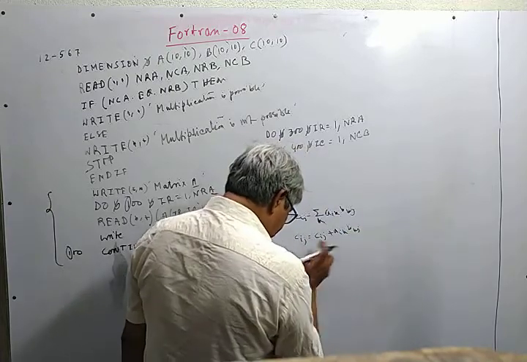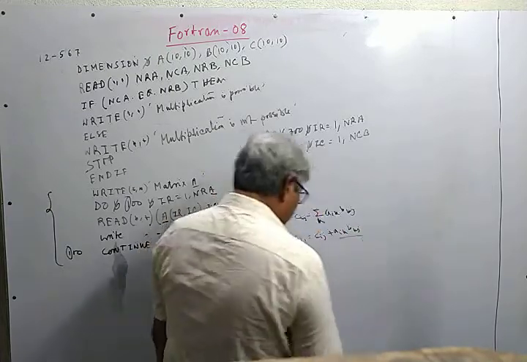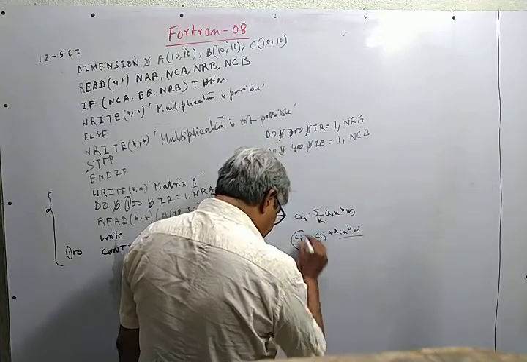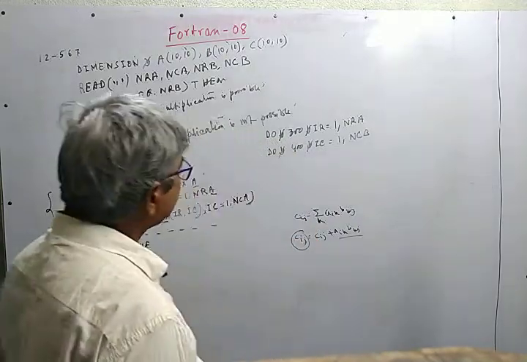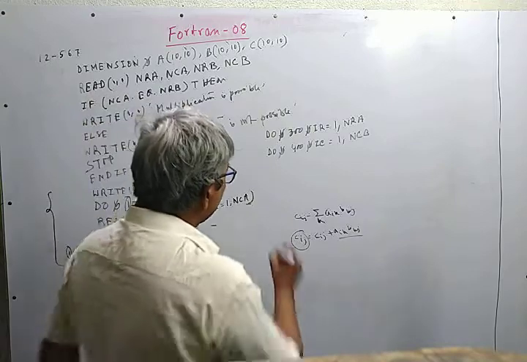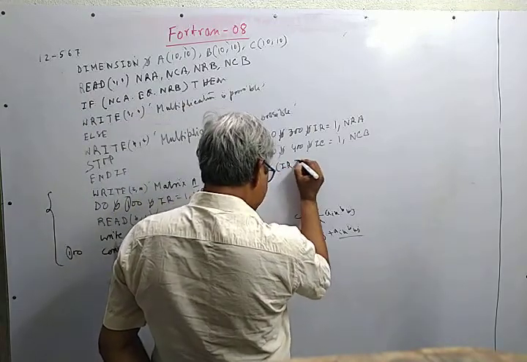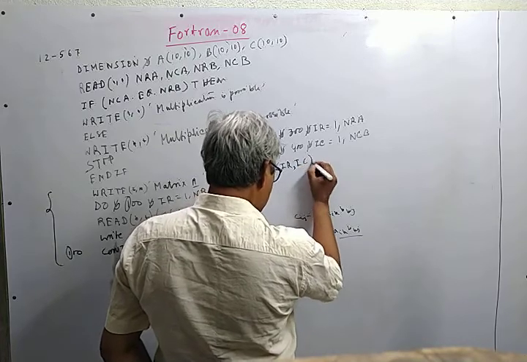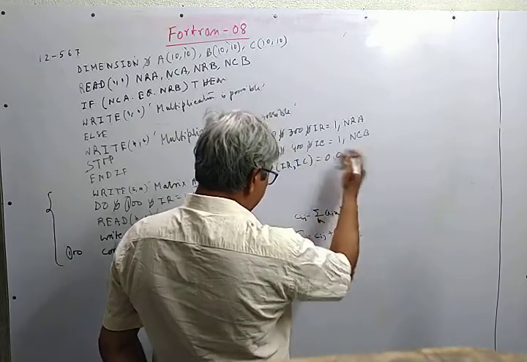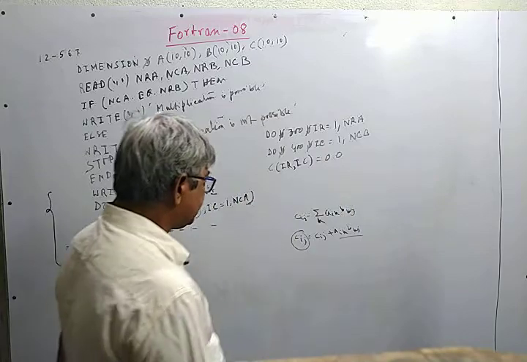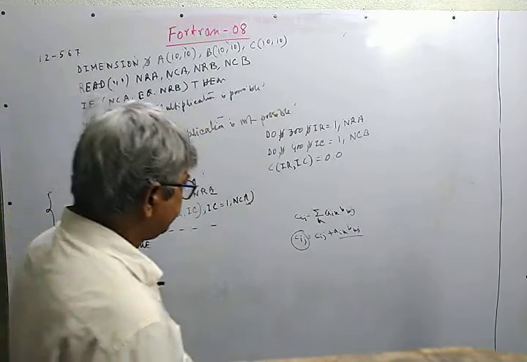So this is sum is equal to sum plus term. So we need to initialize Cij to 0 for each value of ij. The matrix is a real matrix, so we have initialized it over here.